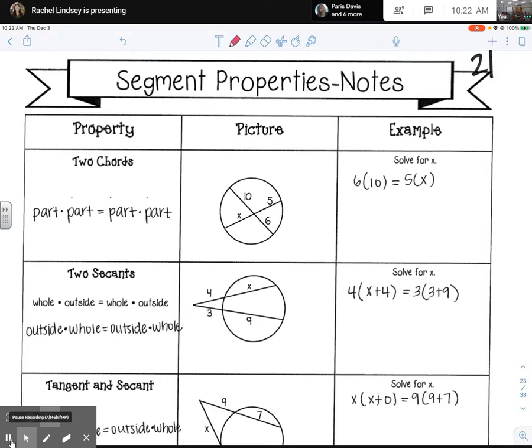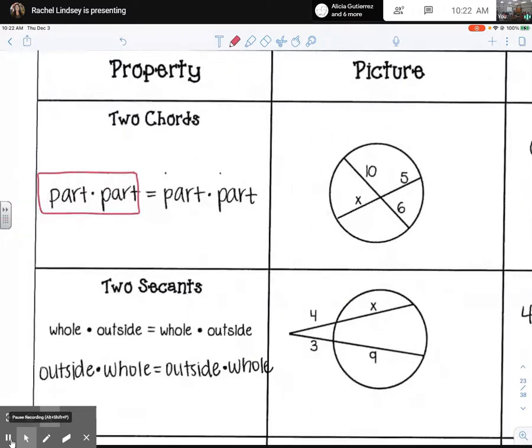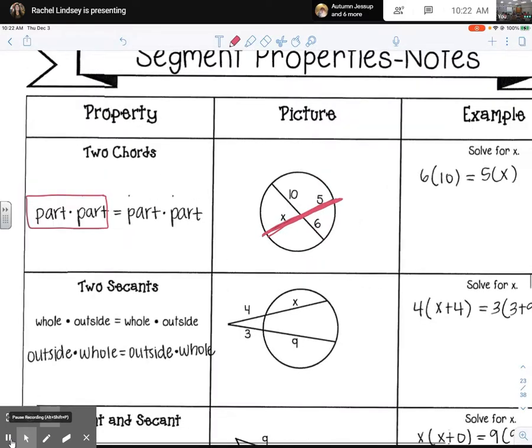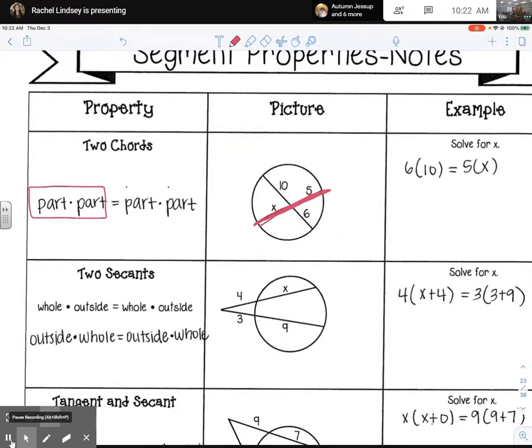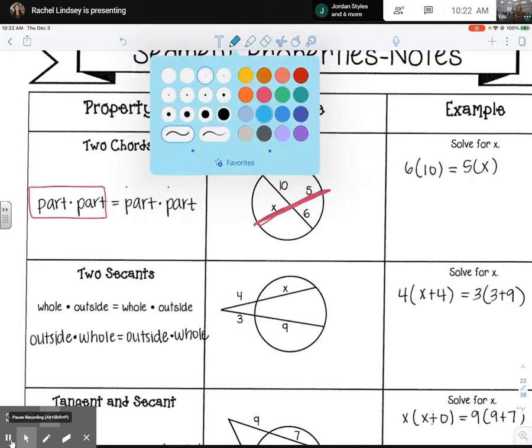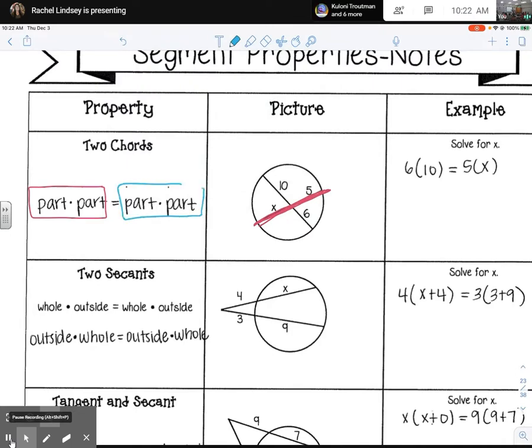Okay? What I'm talking about there, part times part would be both parts multiplied of this line. So that would be 5 times x. Part times part here is both parts of the other chord being multiplied together, which is 6 times 10.